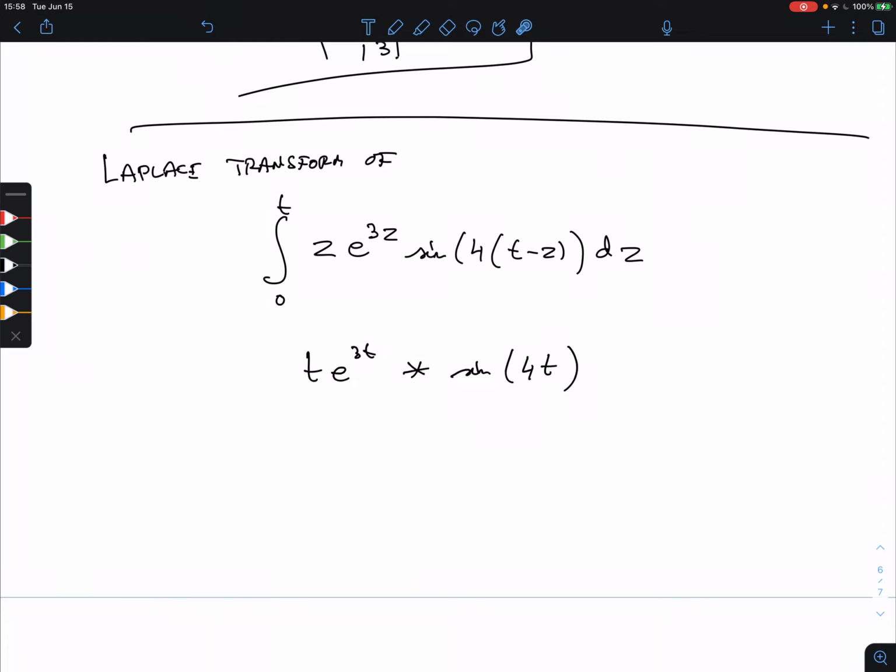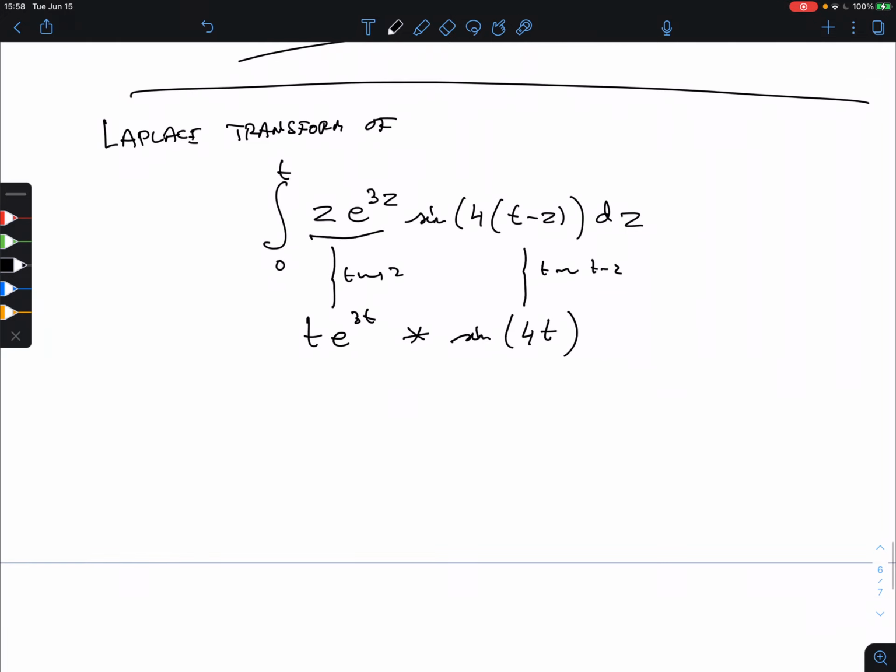In other words, one part comes from replacing t by z, and the other part comes from replacing t by t minus z. So in the convolution product, in one factor you replace t by z, and the other factor is obtained by replacing t by t minus z. Okay, so this is what this is.